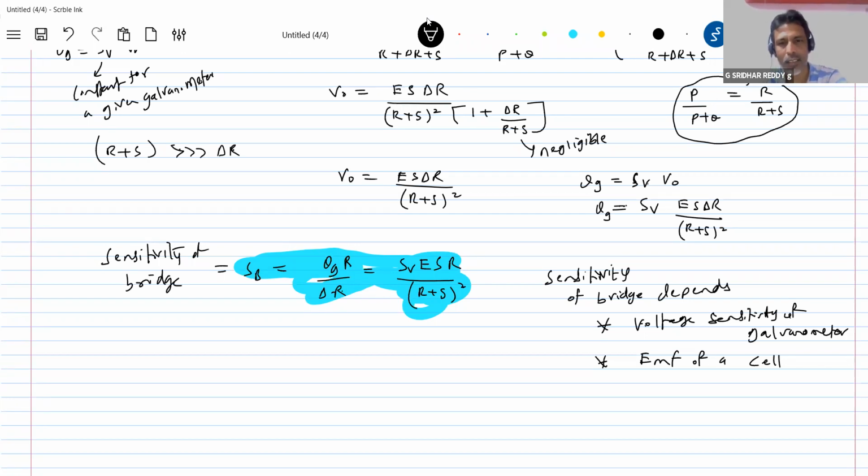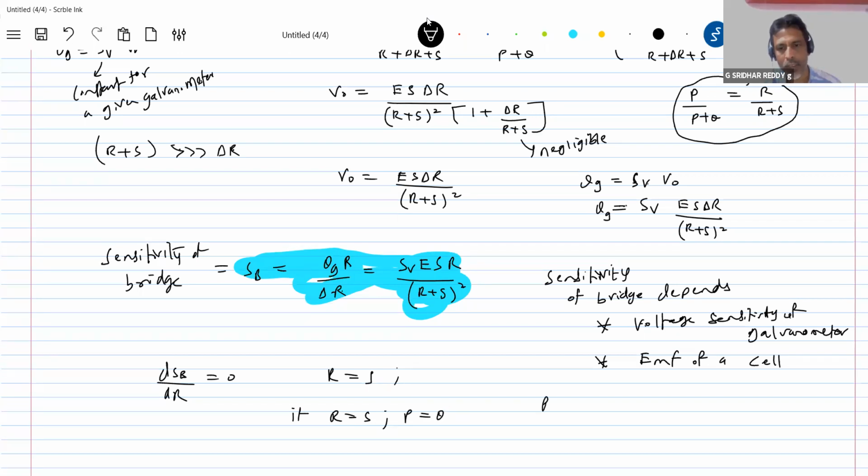Without this, you can't analyze anything. So let me go for differentiating this with respect to R. R should be equal to S. If R equals S, then P should be equal to Q. Do I agree?